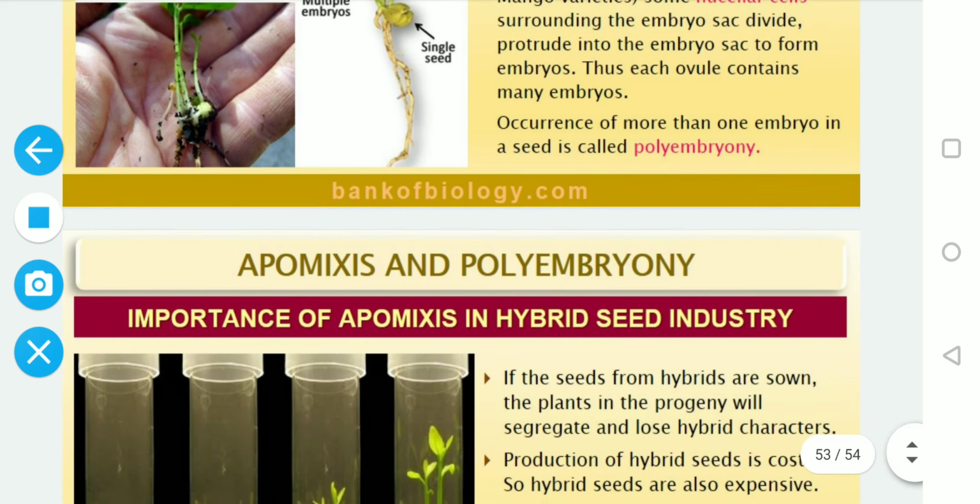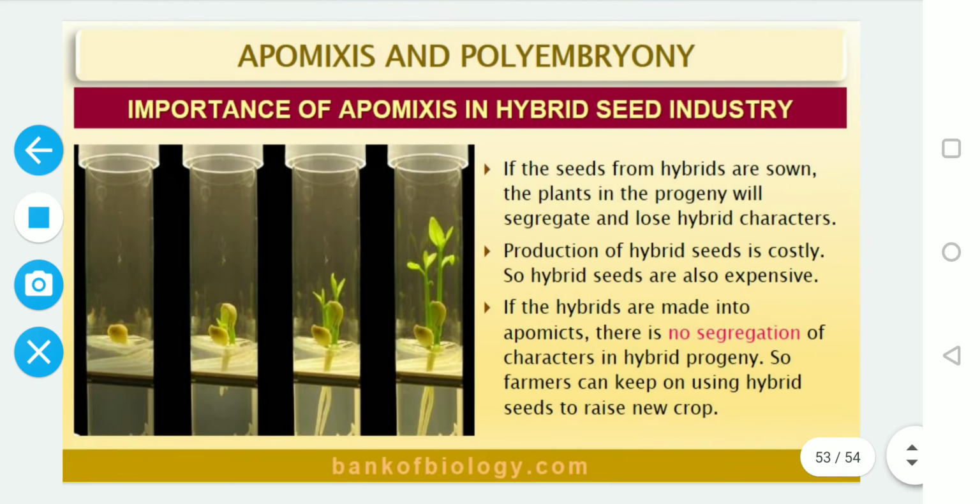Here are some of the importance of apomixis in the hybrid seed industry nowadays. This is the test tubes given in the tissue culture lab. If the seeds from the hybrids are sown, the plants in the progeny will segregate and lose the hybrid characters.